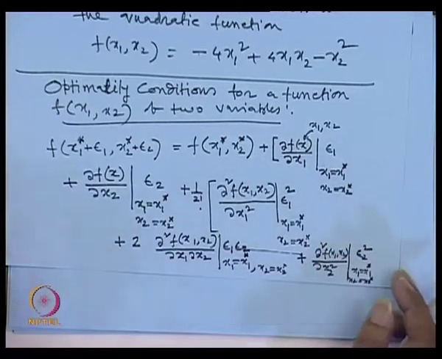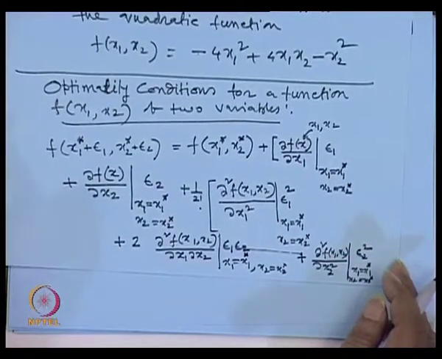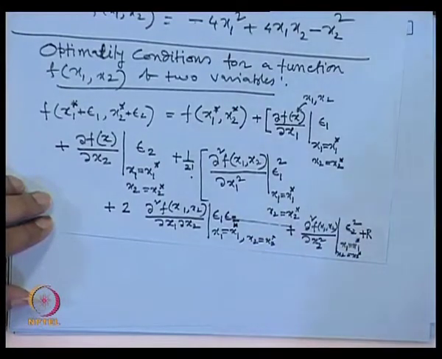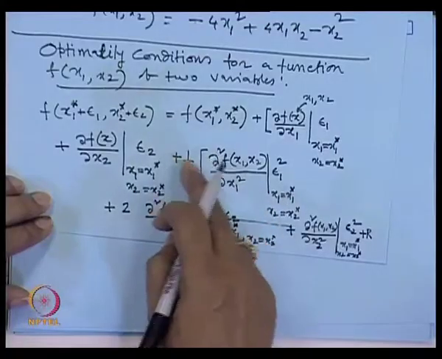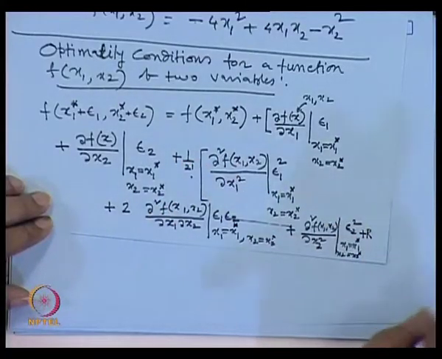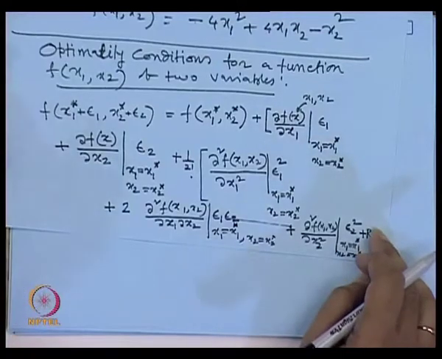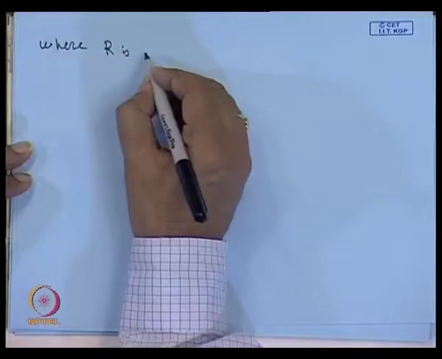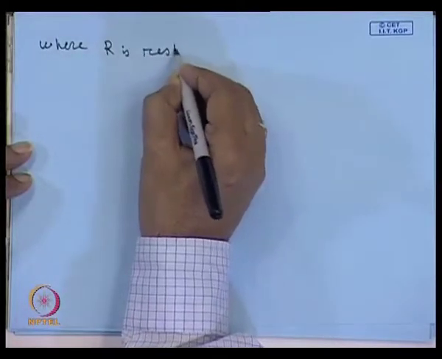plus some other terms, and let us call some other terms capital R. Rest of the series terms, third order, fourth order of this Taylor series expansion is R, where R is the rest of the terms.